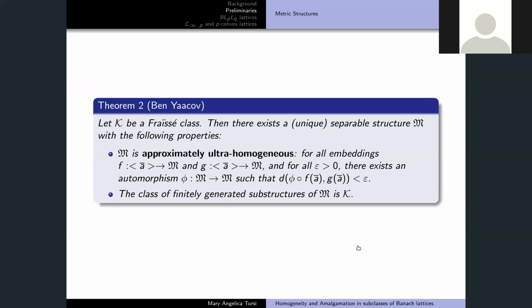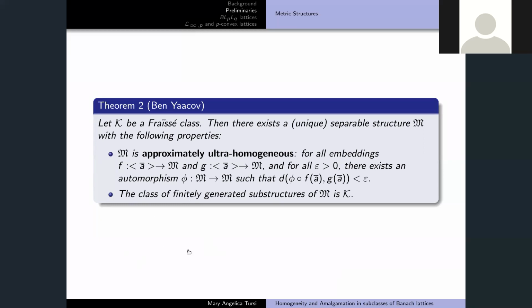And then there exists some automorphism of script M that sends f(A) arbitrarily close to g(A). And so we don't have to get full commutativity, but we get arbitrarily close. And the second fact also is that the class of finitely generated substructures of the script M is itself K.